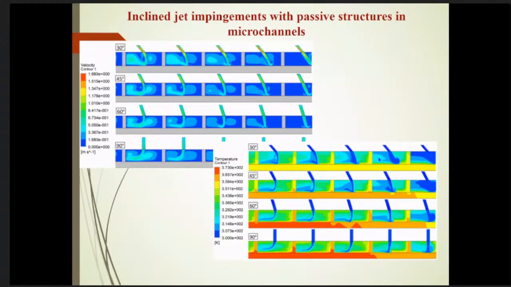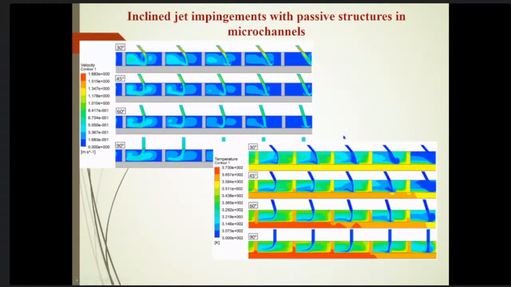And then again, we can see that the fluid is moving along the length of the channel, so what will happen if you incline the jet? Does it make any difference in the rate of heat transfer, and what will be the effect on the pressure drop?